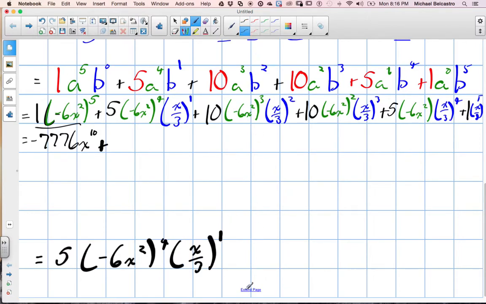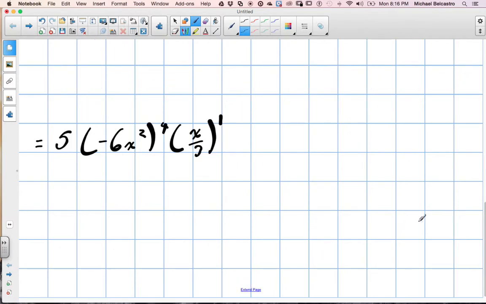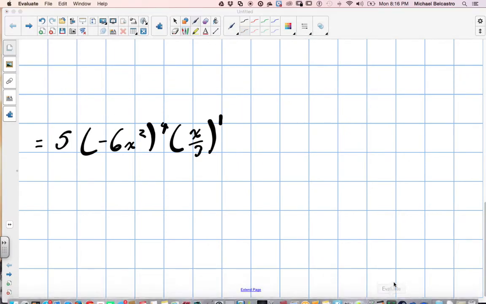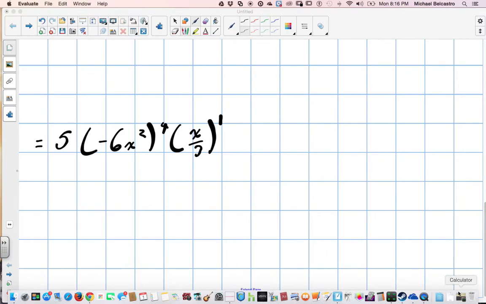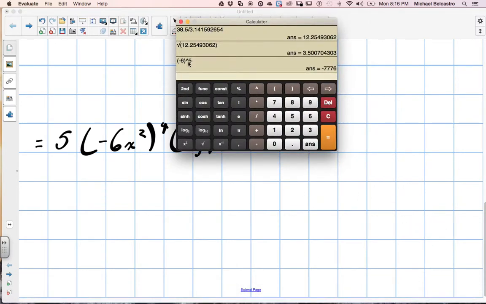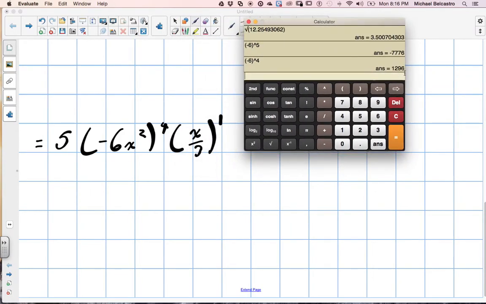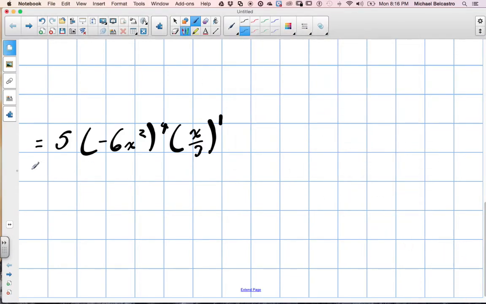First, we've got to find out our negative 6, but this time to the power of 4. So our value is 1,296. Our variable, okay, we're going to keep these all separate.